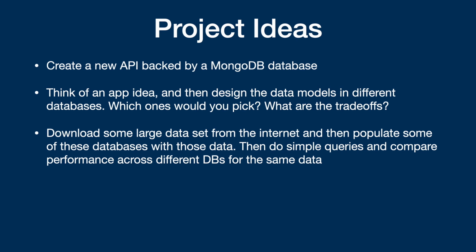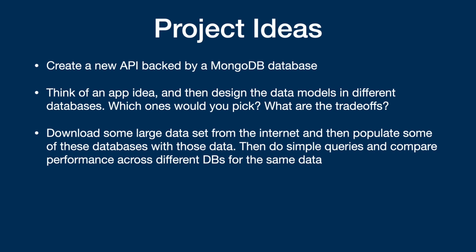Another one I would recommend is to download some large dataset from the internet and then populate some of these databases with that data. Then do some simple queries and compare the performance across different databases for the same data. So you can go to kaggle.com or some other website and download a dataset with millions of rows of data, right?